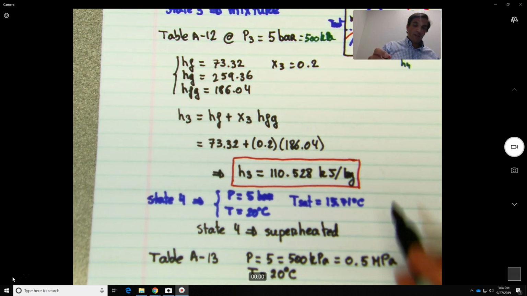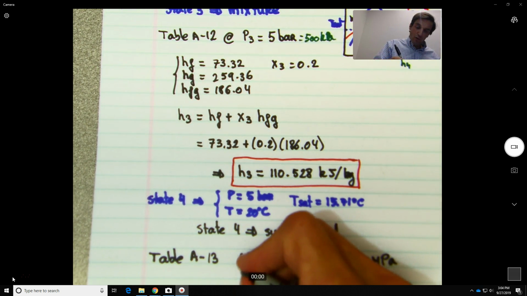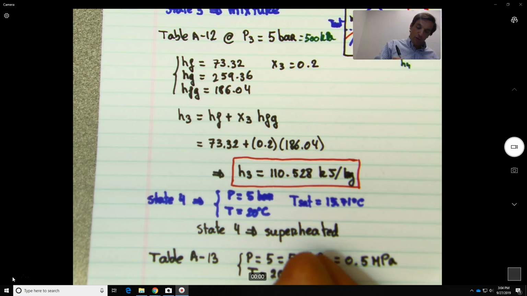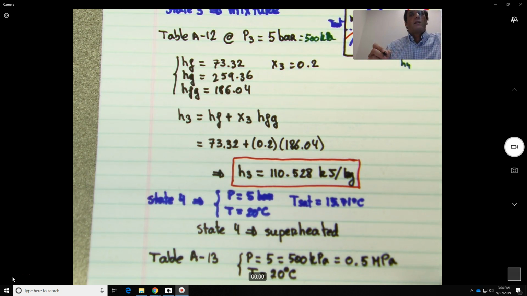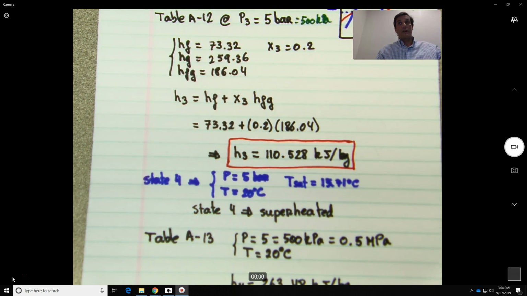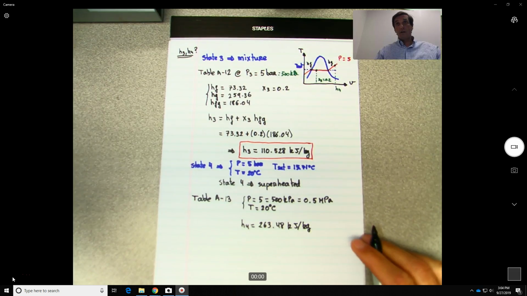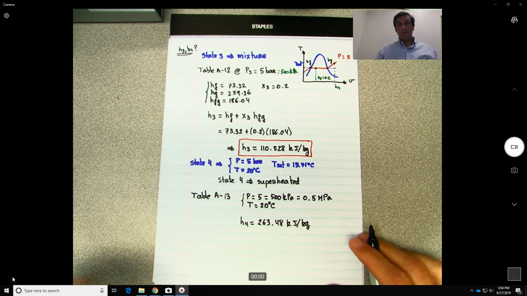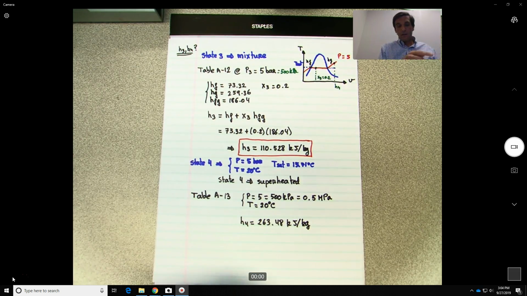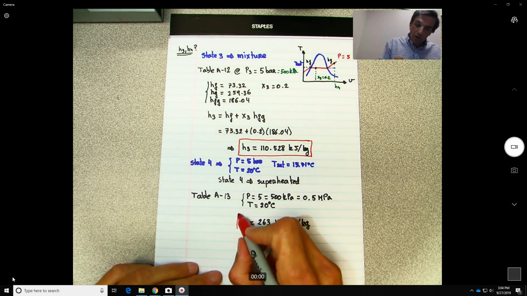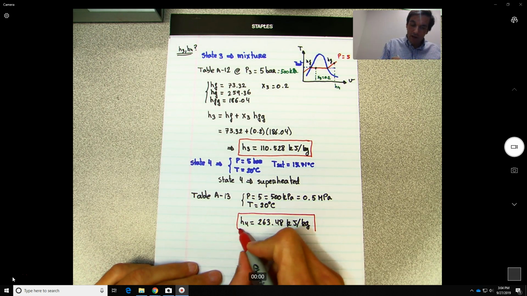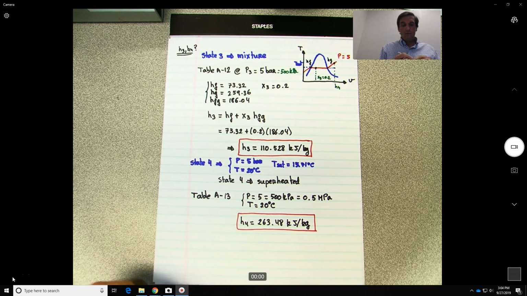So table A13 at 20 degrees, H4 is equal to 263.48 kilojoules per kilogram. There we go. So now we are here.